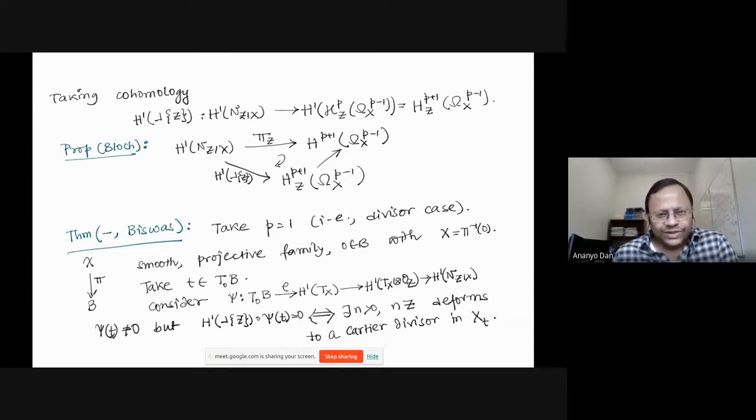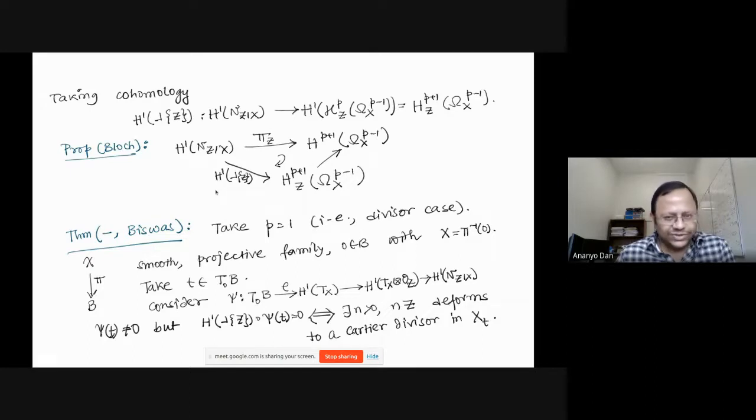So what is important is that, instead of studying this classical semi-regularity map, we can instead look at the other map which it factors through. The surprising thing is that there is quite a bit of geometric information hidden in this map.